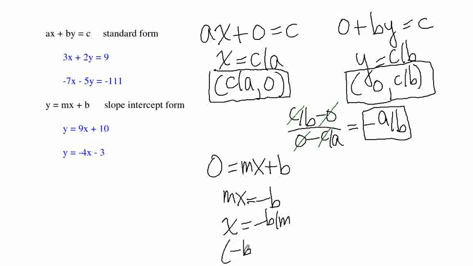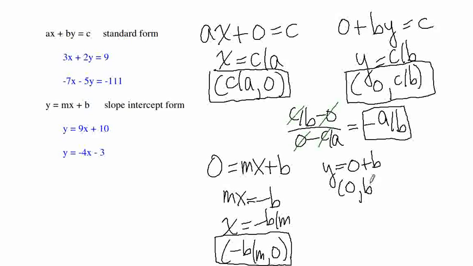So minus b over m comma 0. There's the x-intercept. So far so good. Now let's find the y-intercept. So setting x equal to 0, well, we immediately can see that we get y equal to b, or y equal to 0 plus b. So the y-intercept is 0 comma b.